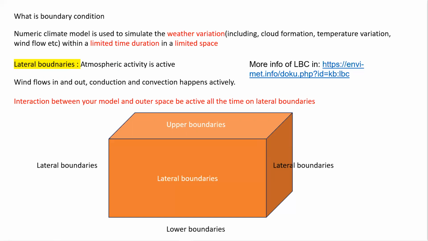The air flows in and flows out, and there are very active conduction and convection activities. So we have to give accurate meteorological data on the lateral boundaries to get good performance of the model. And this link has more information on the lateral boundary conditions used in EnviMat. If you are interested, you can click it to check.